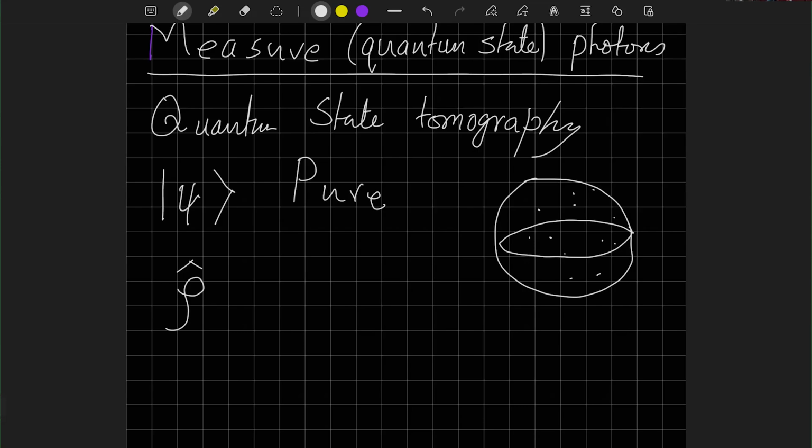So even if you were to prepare a pure quantum state, with time it decoheres, it loses its coherence. So a general description of a quantum state is through the density operator. Even a pure quantum state can be represented by a density operator. So how do I define the density operator?